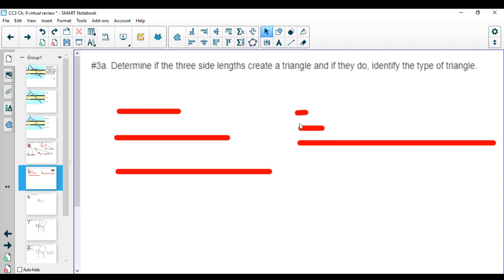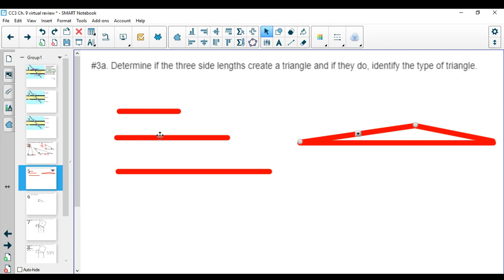So what is it about these lengths that will actually allow them to connect? What we need to have happen is for this short length and this shorter length to be long enough that when we extend them, they're going to be longer than that bottom side.